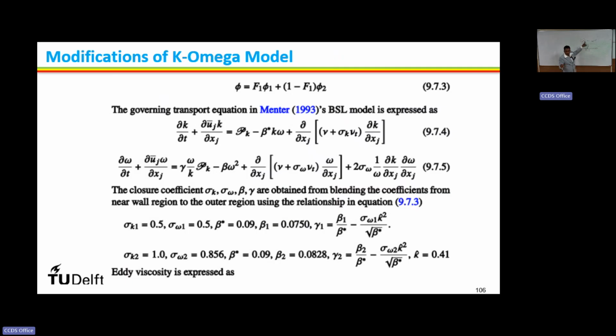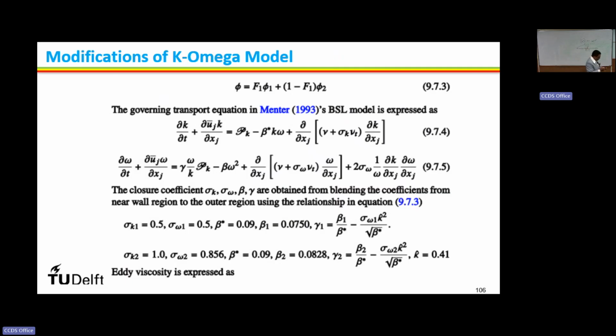Away from the wall, the model should perform as the k epsilon model. To do that, he prescribes some blending function. Instead of having a constant coefficient, this function blends the value from the wall to the core based upon the distance from the wall, right?